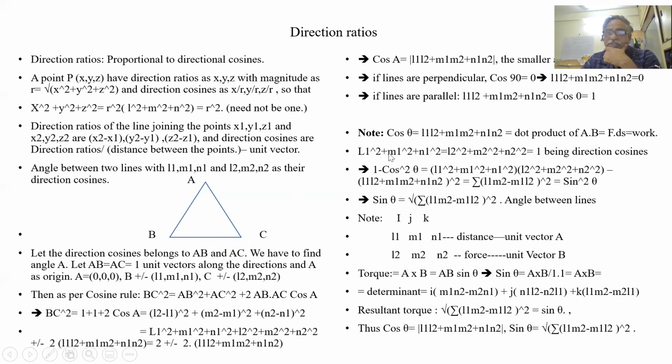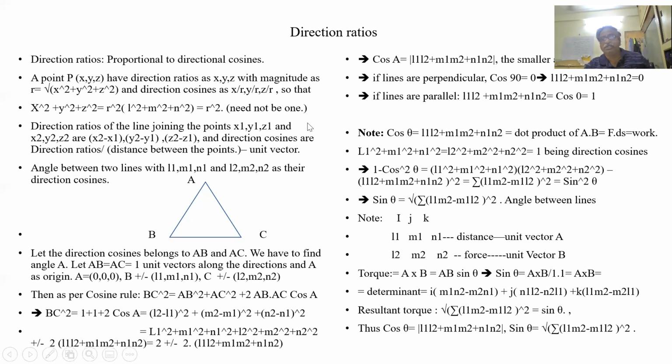This is 1, this is also 1, so 1 into 1 is also 1, minus cos theta whole square. When we simplify it, what do I get? Sigma L1 M2 minus M1 L2 whole square. This is nothing but 1 minus cos square theta, which is sin square theta. So what is sin theta? Square root of sigma L1 M2 minus M1 L2 whole square.